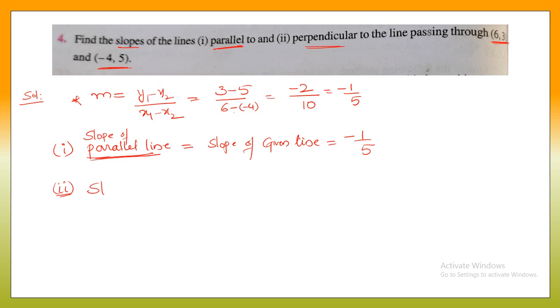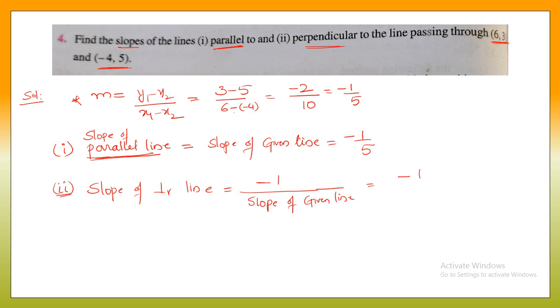Now in the next one, what is the slope of the perpendicular line? If you want to find the slope of the perpendicular line, simply write minus 1 by the slope of the given line.